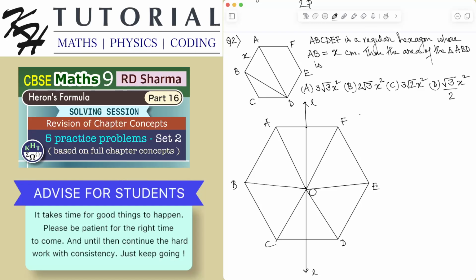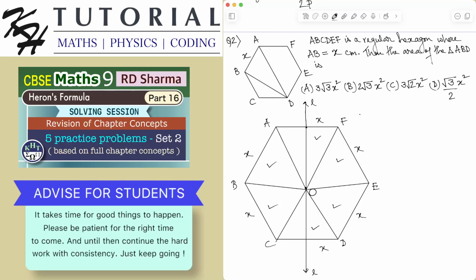So you can see this is an equilateral triangle AOF, FOE, EOD, DOC and COB. These are all congruent equilateral triangles because the length of the sides of all these equilateral triangles is equal to x, that is the length of the side of the regular hexagon. So this entire regular hexagon has been divided into 6 congruent equilateral triangles.